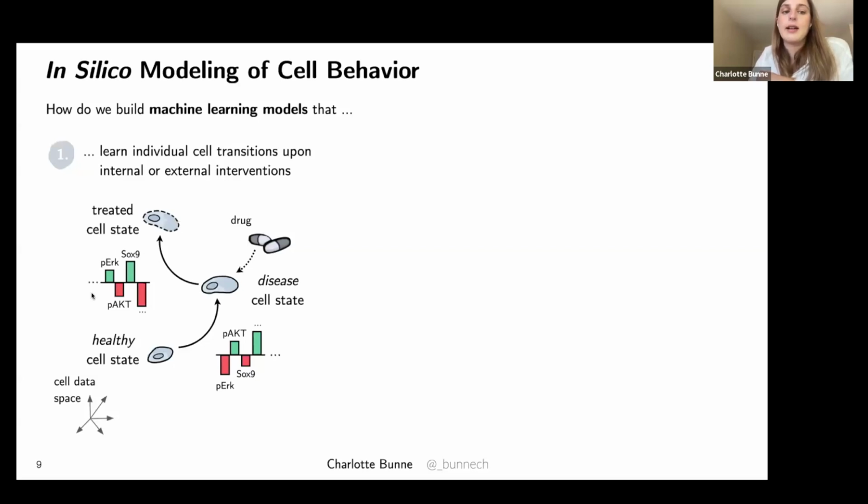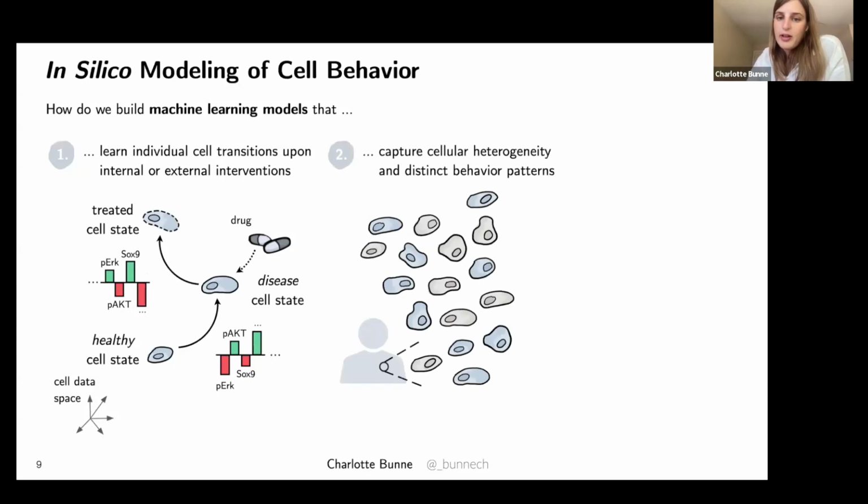And this will turn out to be very important in order to understand somewhat the clinical success of such treatments that allows us then to make decisions on what treatment to select for a particular patient. So why do we want to do this on the level of individual cells? It's because cells are very, very heterogeneous. So a tumor is very heterogeneous.